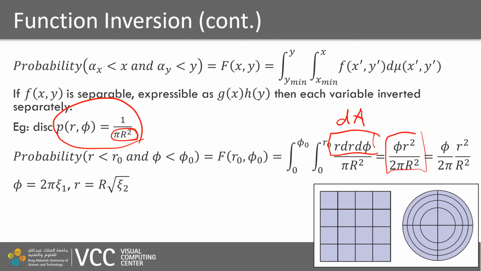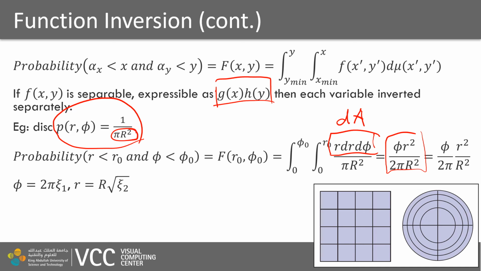And now, if we have a two-dimensional domain and we can express the function as a product of two functions, each corresponding to one dimension, then we can perform the function inversion of these functions independently.